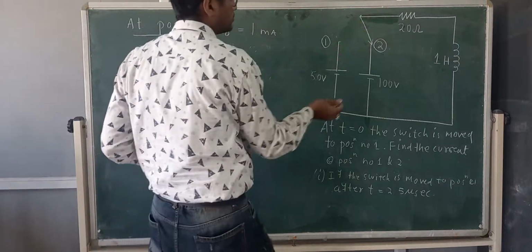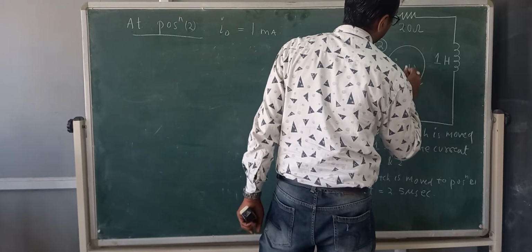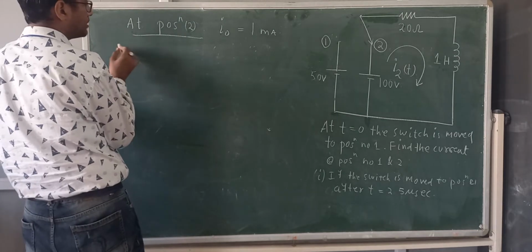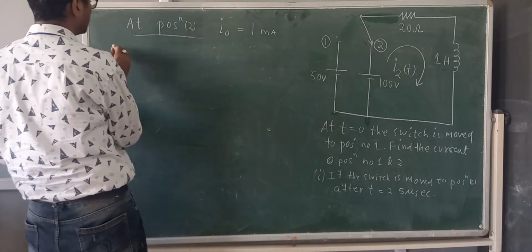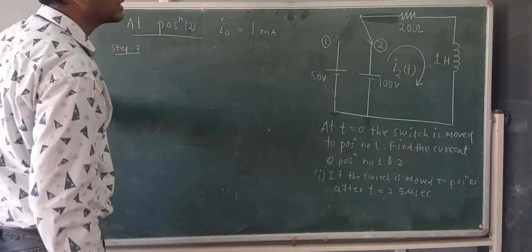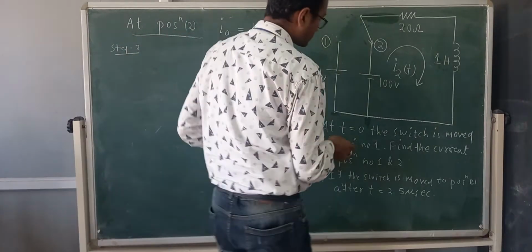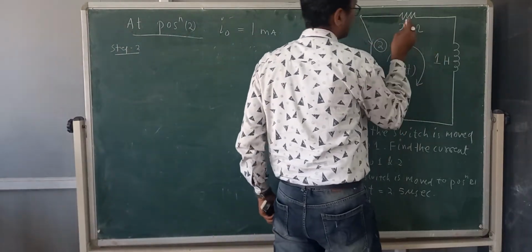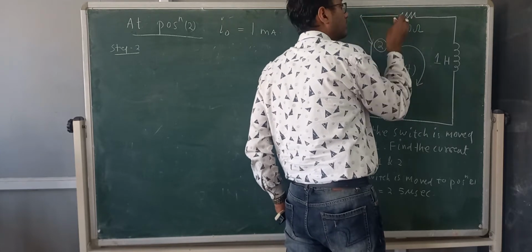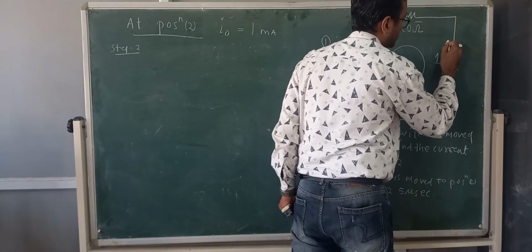So in the next step you have to put KVL here. Suppose this is I2(t). This is step 1; in step 2 you have to put KVL. What is the KVL here? Current is flowing in this direction. This is a passive element, and current is entering from this side, so the entering point will be positive and this is negative.